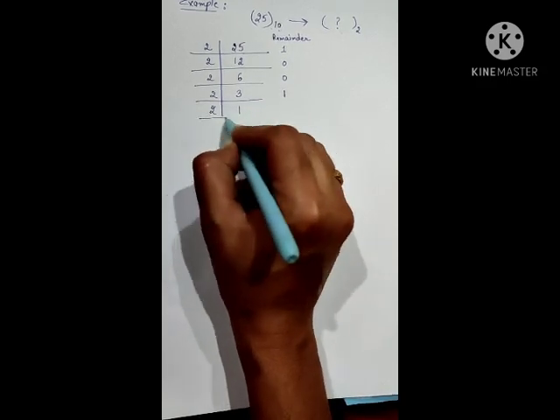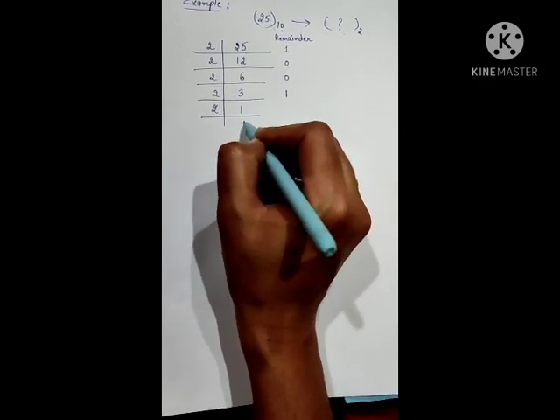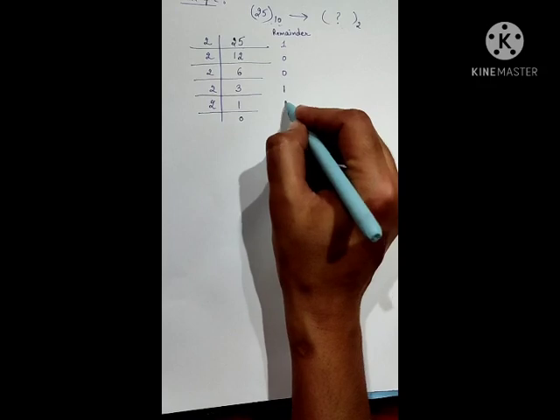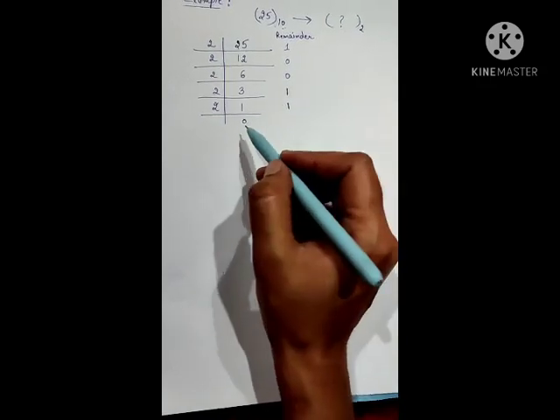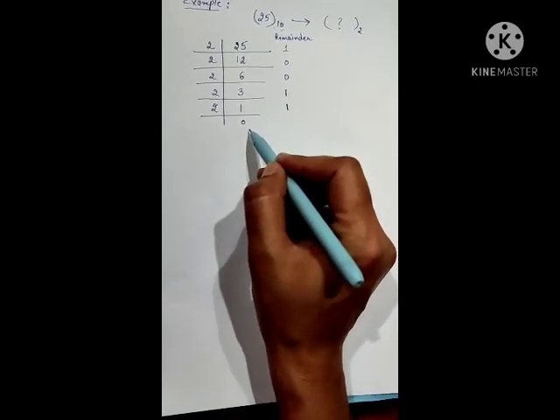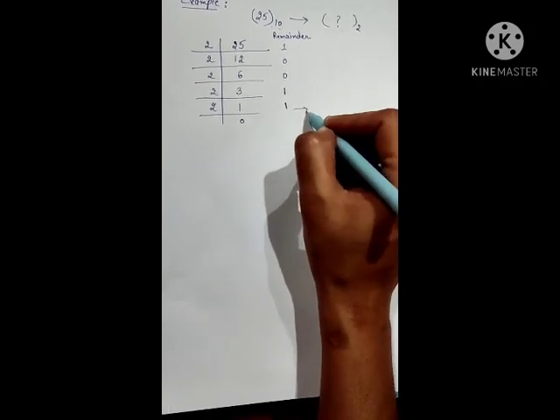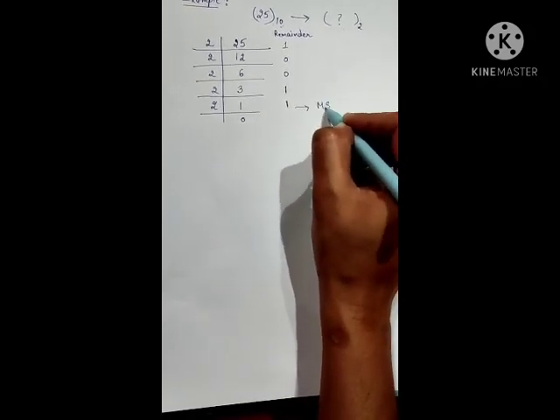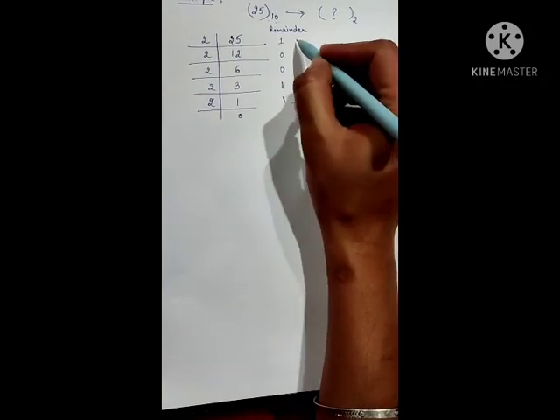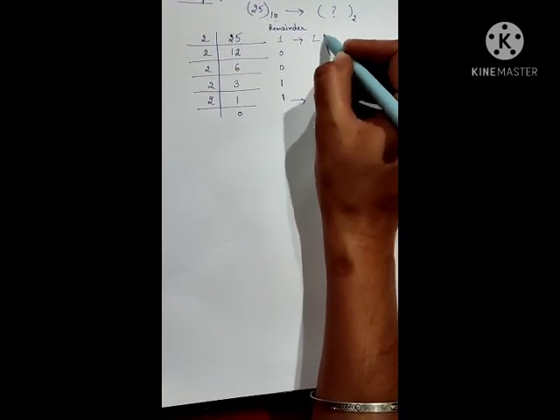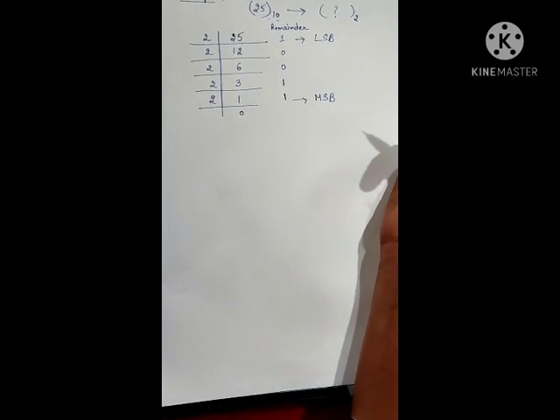Again divide 1 by 2, so the remainder is 1. When we get quotient 0, then we stop this division, and this remainder is the most significant bit. This remainder is the least significant bit.